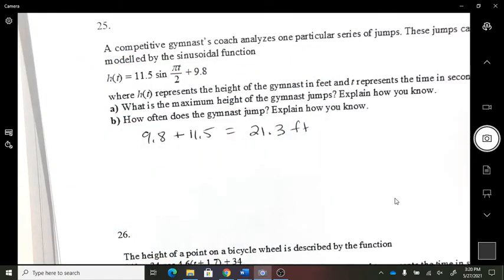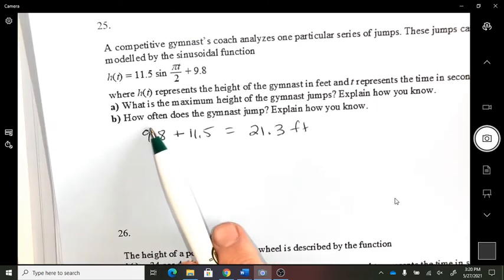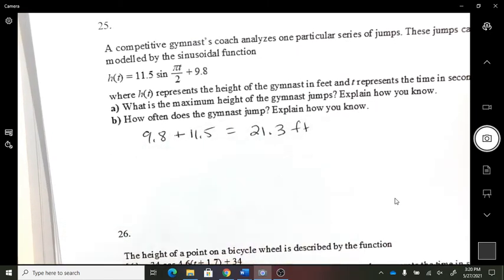You know what? I did something wrong when I graphed mine. Why does it look funny? Yeah, mine is graphed wrong. I'd have to figure it out, but I'm running out of time here. Okay, how often does the gymnast jump? So that's talking about the periods.